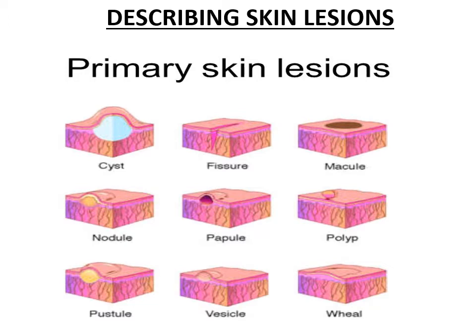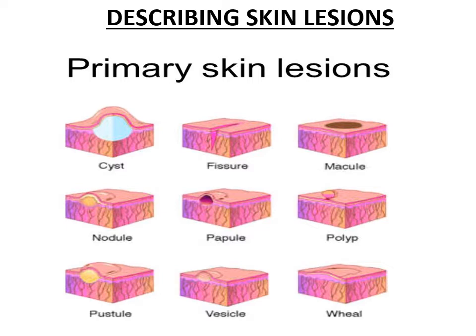Well, it's totally flat still, so it would still be called a macular rash. A nodule, well, a nodule can be associated with acne, so nodular acne. Okay, raised lesions above the skin. A papule, smaller lesions, so you can have papules with acne as well.